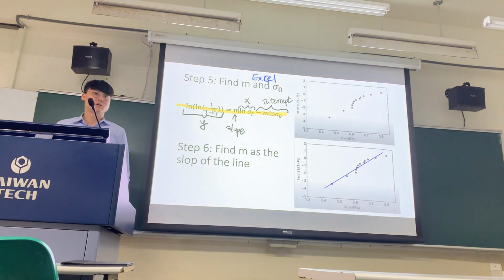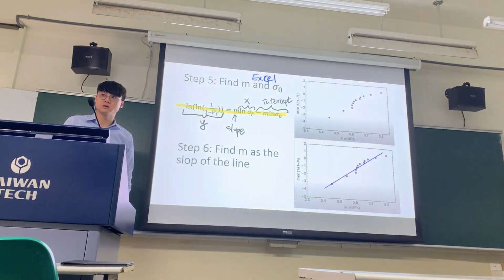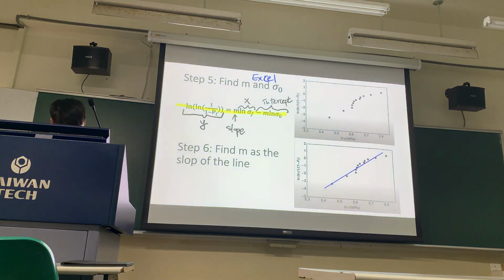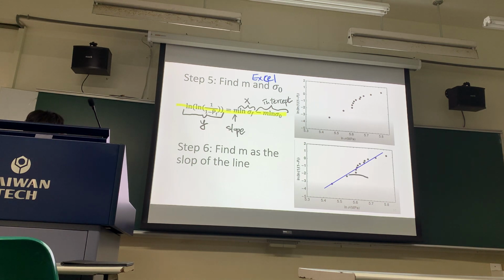Now, Excel gives you the perfect fit, the best fit. If you don't have it, we can do a quick math. This is delta y, this is delta x. You can say that this is about 1.39 and minus 2.58, and this is 5.5, 5.75.